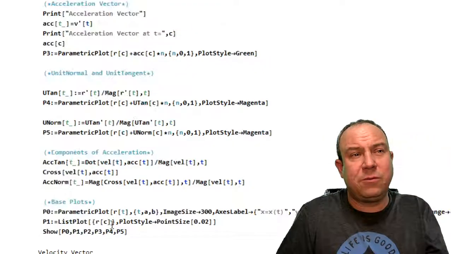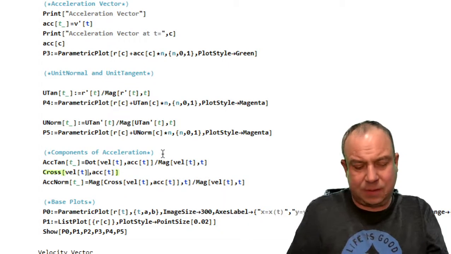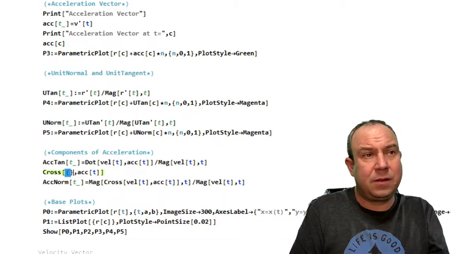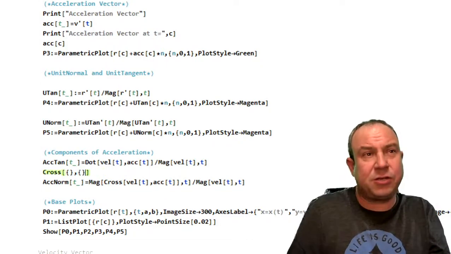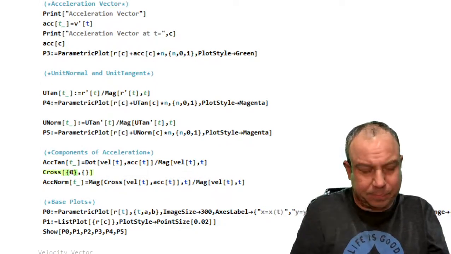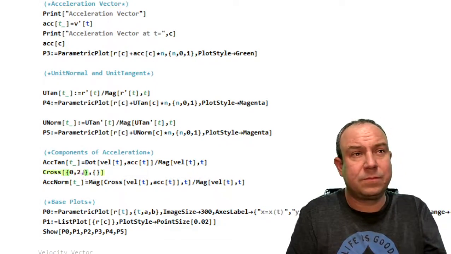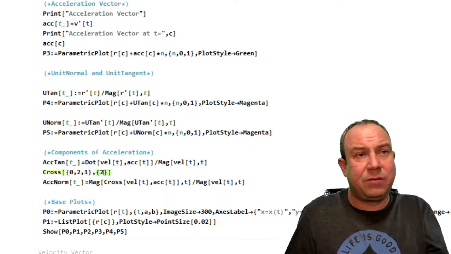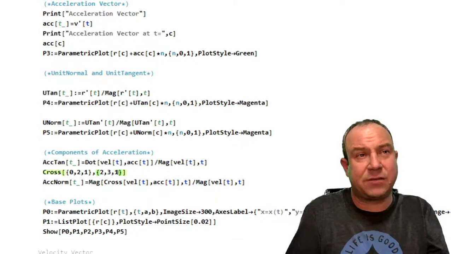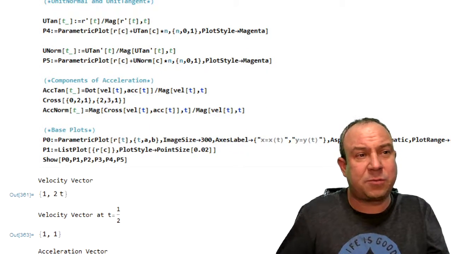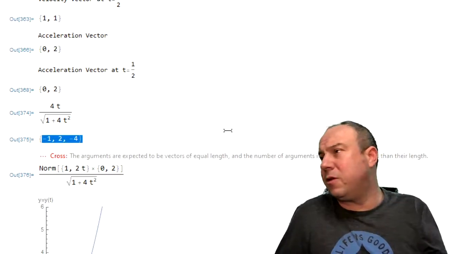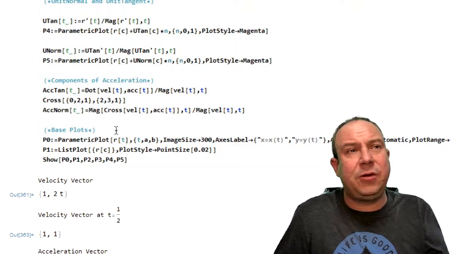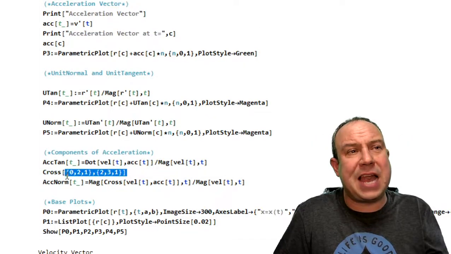Vectors of equal length. So I wonder if it is because I'm not using three-dimensional vectors. What if I just put in some three-dimensional vectors there just for the moment? Does it do a cross product fine with those? It does do a cross product fine with those. So what I may need to do here is a slight adjustment.